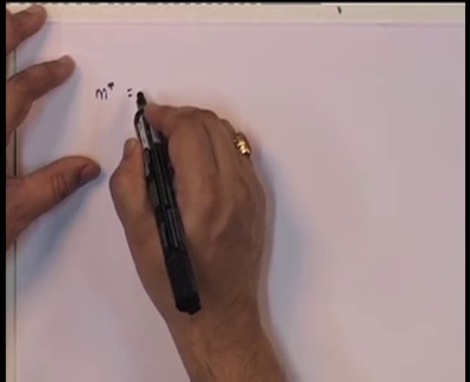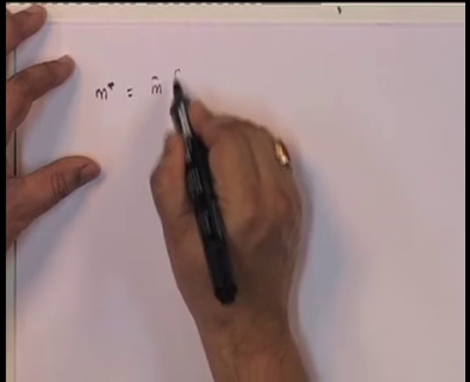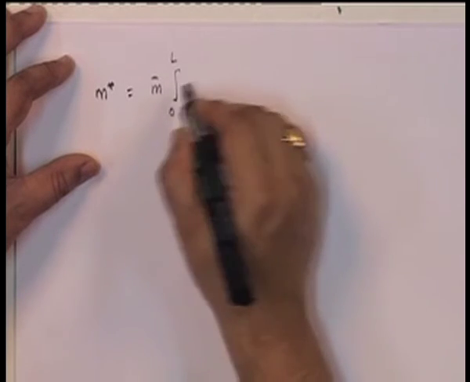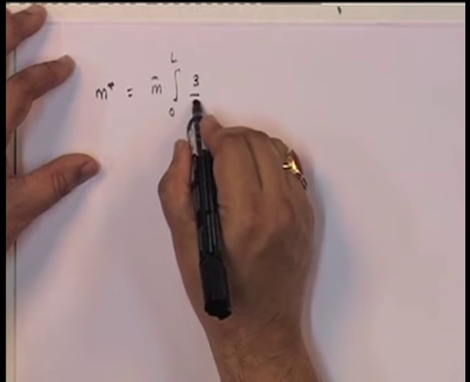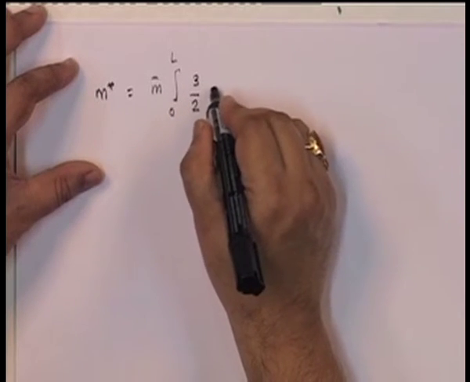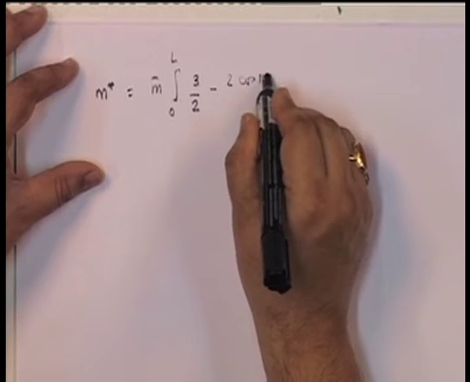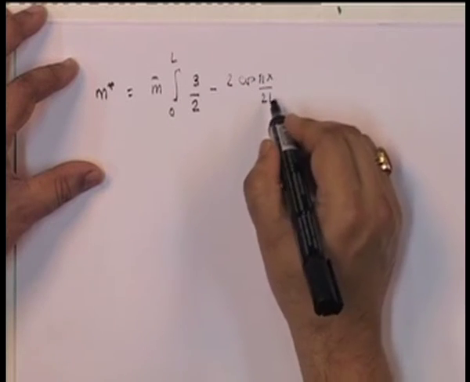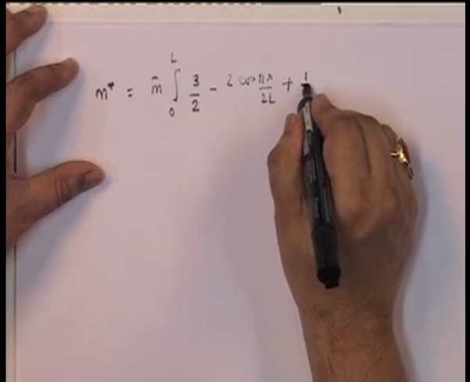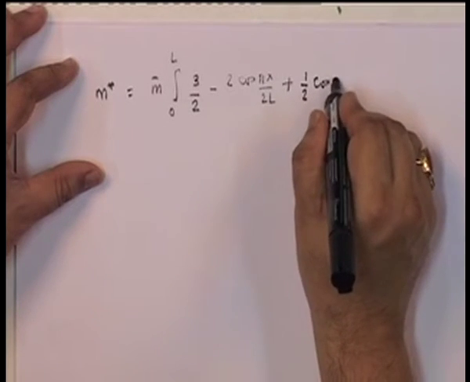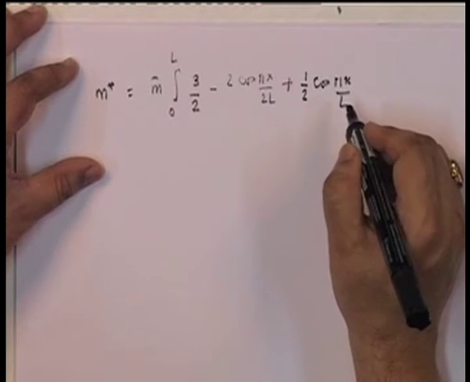So, if you look at that, m star becomes equal to m bar times the integral from 0 to L. This becomes 3 by 2 minus 2 cosine pi x upon 2L plus half cosine pi x upon L. Okay.